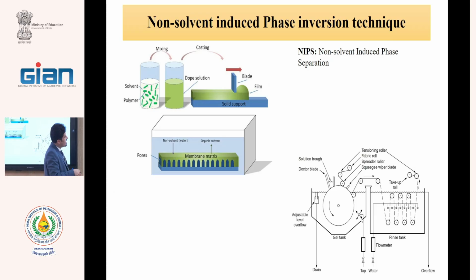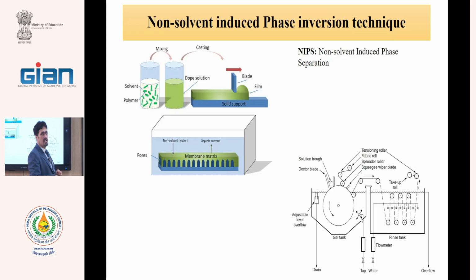After coating, it rapidly goes to the gel tank or coagulation tank or non-solvent tank. In this step, in 10 seconds, the liquid film changes to the solid film and goes to the rinse tank.